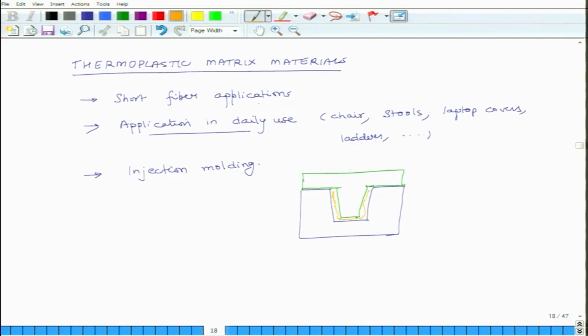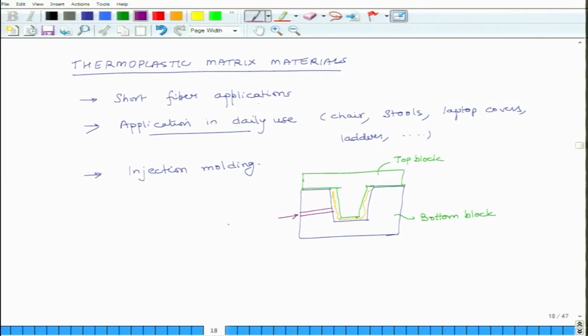So, you have one block of steel, top block, you have bottom block, and I am giving you some basic idea, not the detailed description, and you have a cavity, and in this cavity you inject this plastic through some hole.